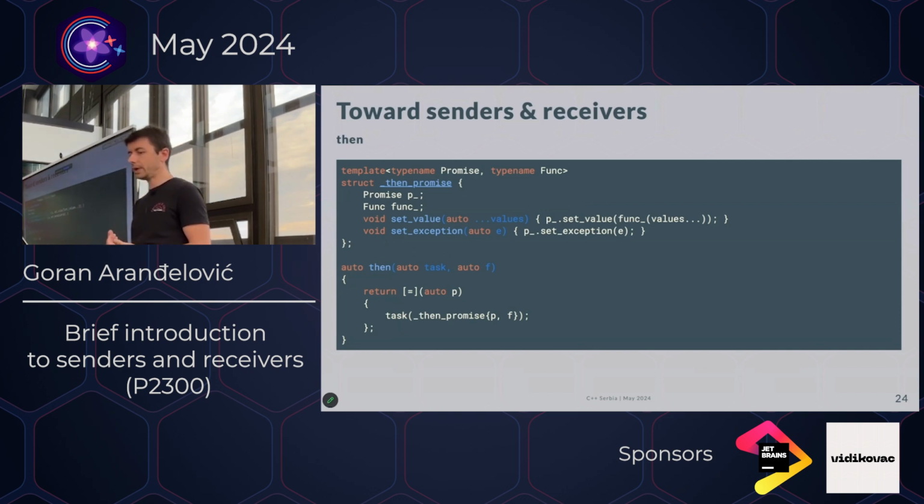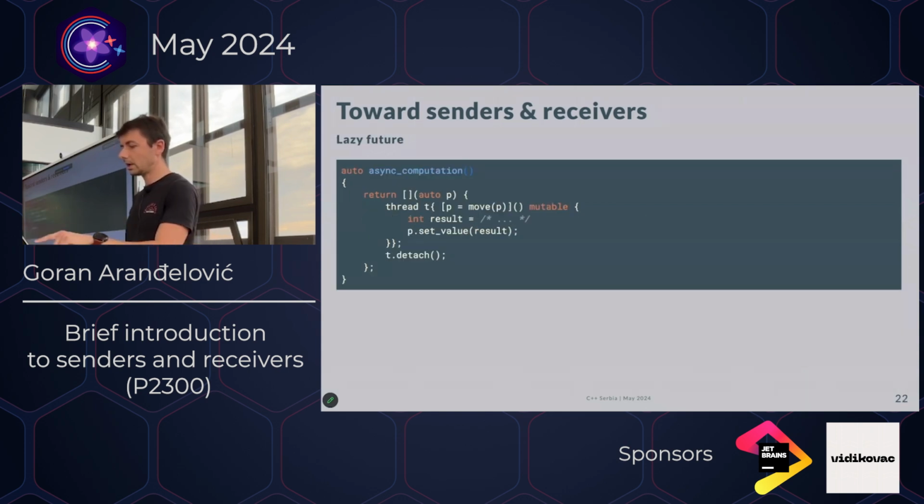Again, we want to return some task for which you're able to provide some promise. And if you see, we are wrapping into our task this continuation, this function f. So let's go back.